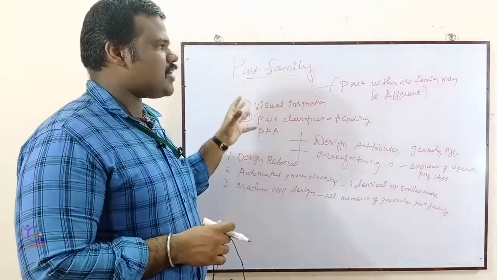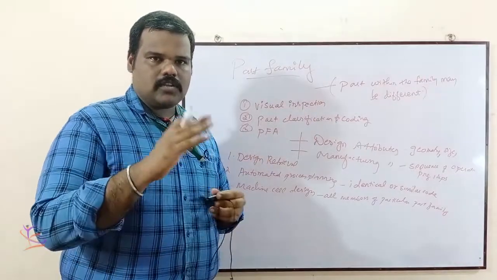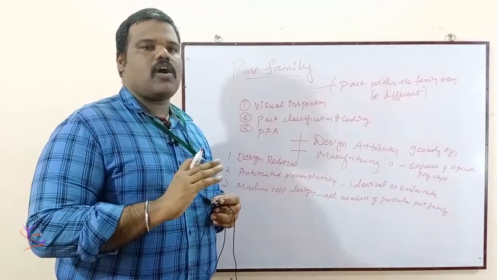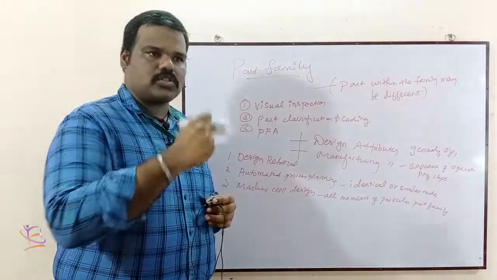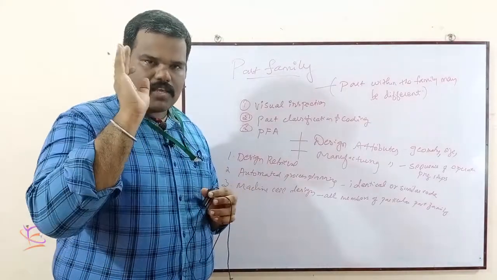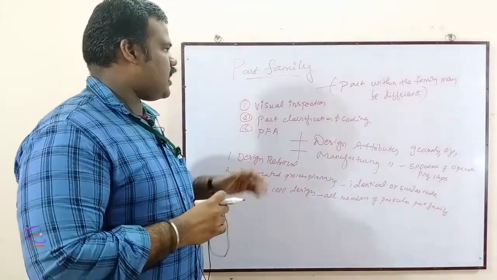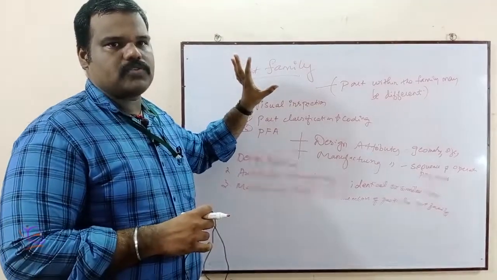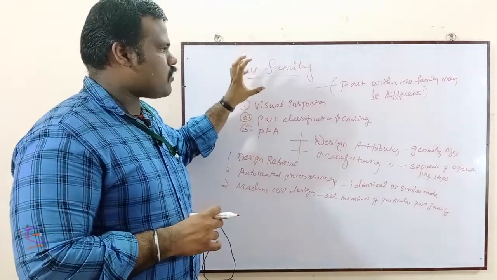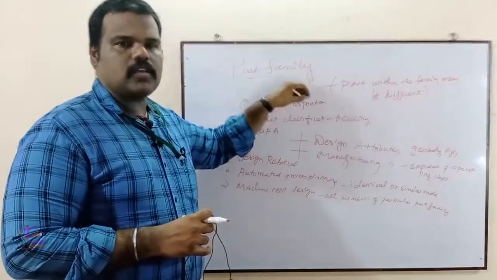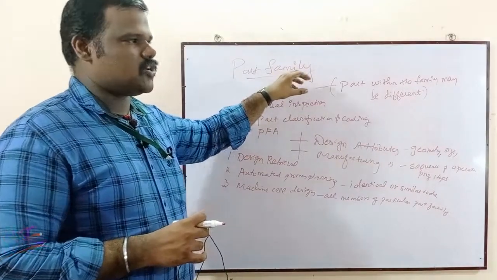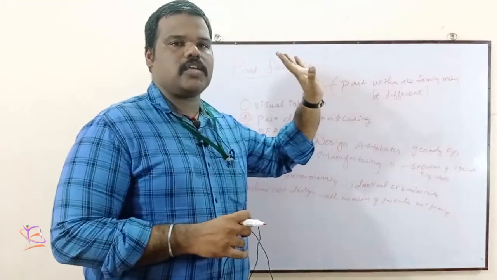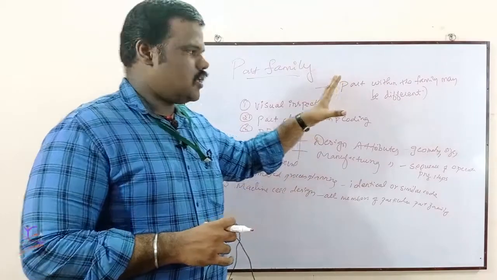There will be similarities between the parts, either in size or shape or any manufacturing process or the sequence of operations. Everything that has these similarities comes under part family. So what is part family? Part family is a collection of parts which are similar in size, shape, or manufacturing process.